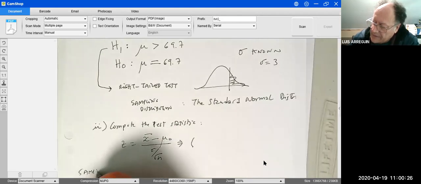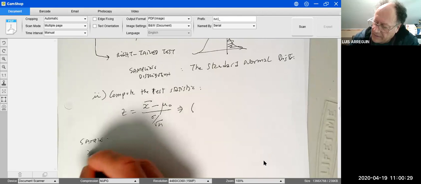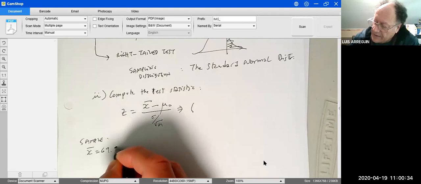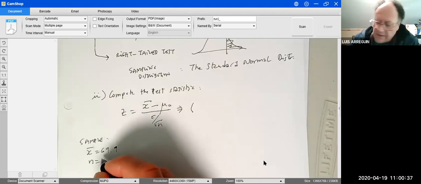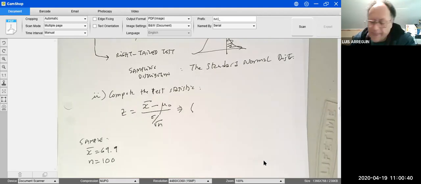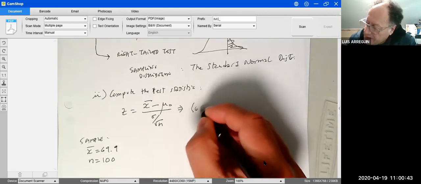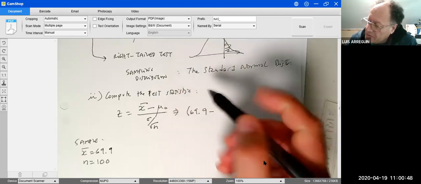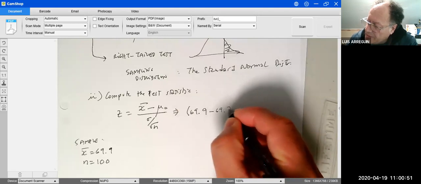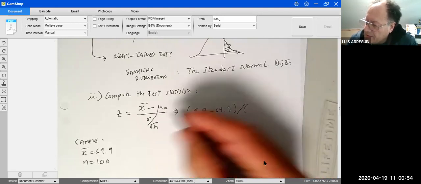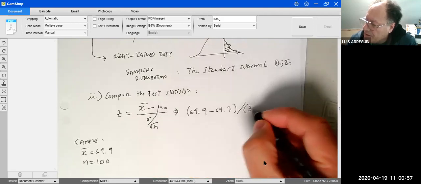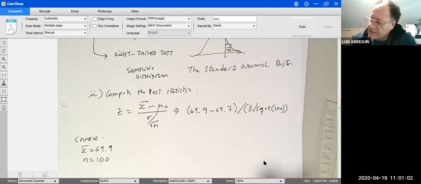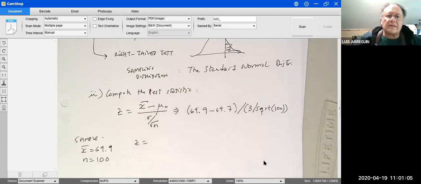My sample had a mean equal to 69.9 and a sample size of 100. So I'm going to write 69.9 minus the mean of the population, 69.7, divided by the standard deviation of the population, 3, over the square root of the sample size. That is how we find the test statistic.